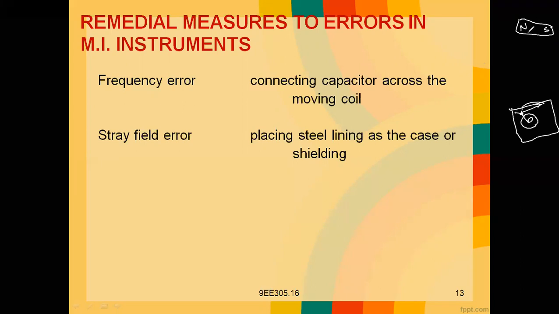Now, when I bring my meter close to the external magnetic field, the resultant magnetic field in this area will not be the same as without this external field, because we are going to have a resultant of the external magnetic field and also the magnetic field produced inside the meter.